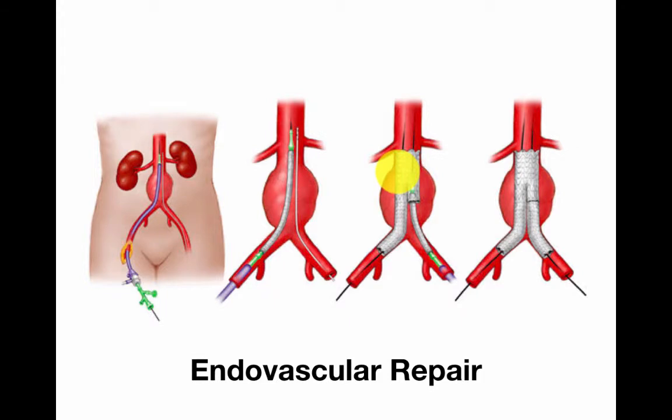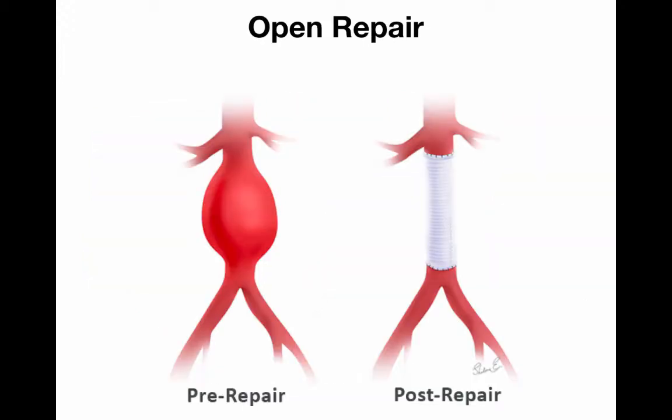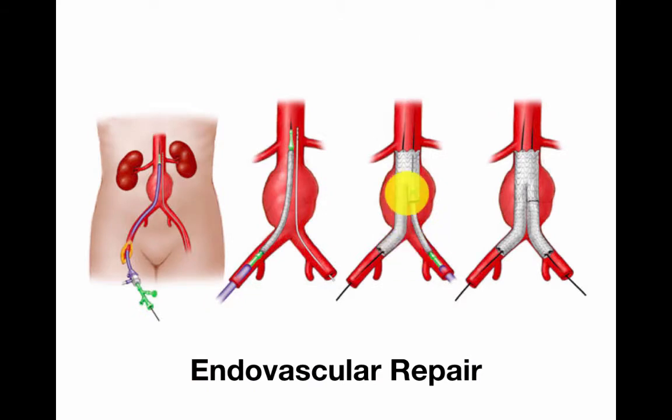So the aneurysm is still there, but you've got this kind of graft through the aneurysm sac, which stabilizes it. So you can see there is an inherent difference between the aneurysm being totally removed in an open repair and the aneurysm still being present, but the endograft running through the aneurysm.